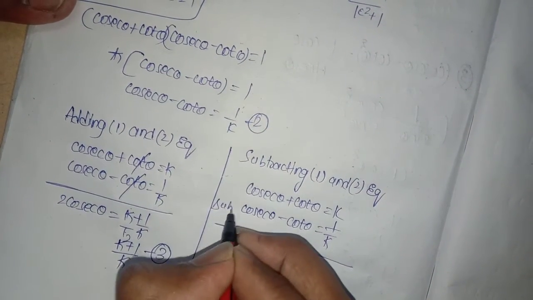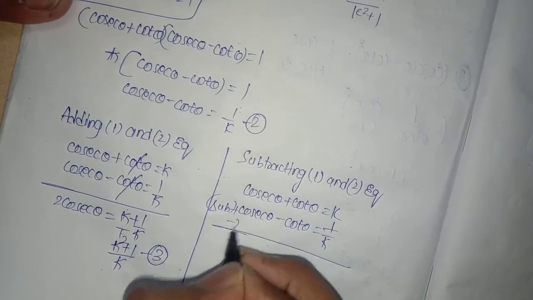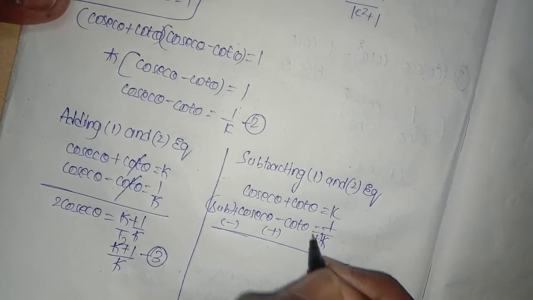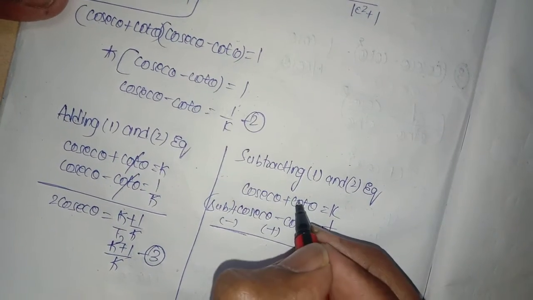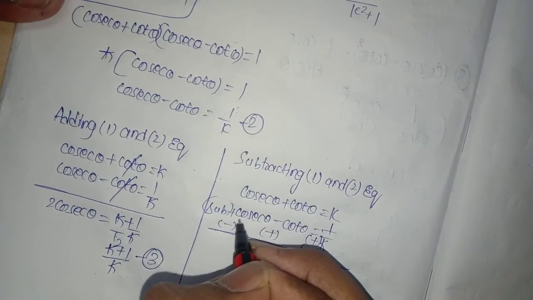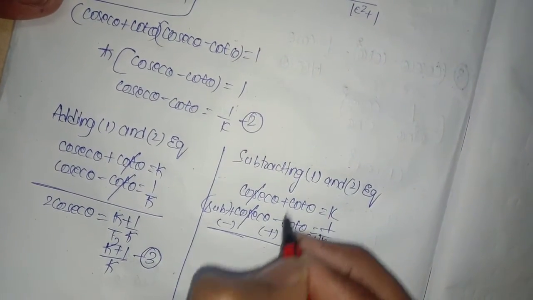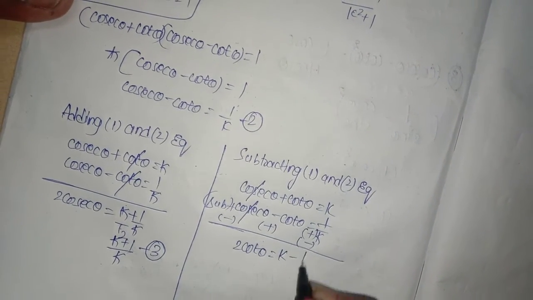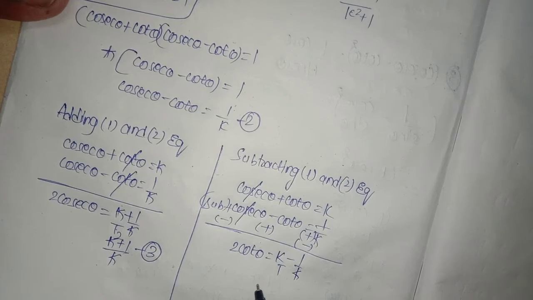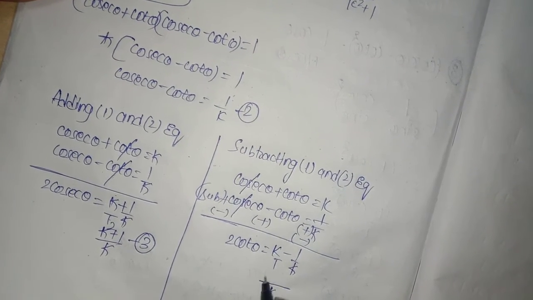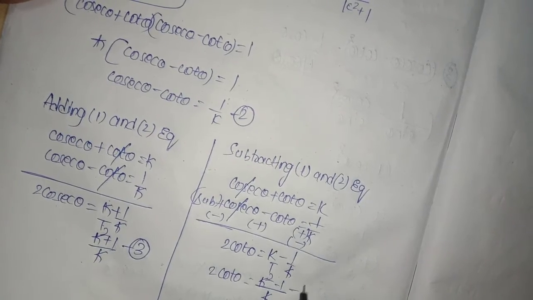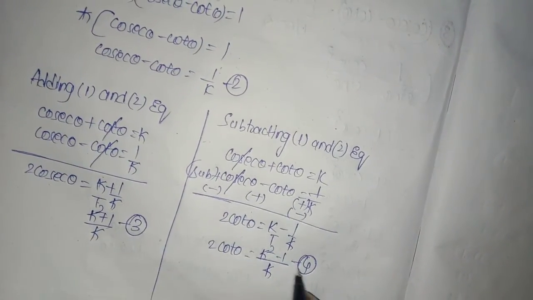By subtracting, the signs will be changed: the minus changes to plus, and the plus changes to minus. So the cosecant theta terms will be cancelled and the cot theta terms added. So 2 cot theta equal to k minus 1 by k, which is k square minus 1 by k. These are equations 3 and 4.